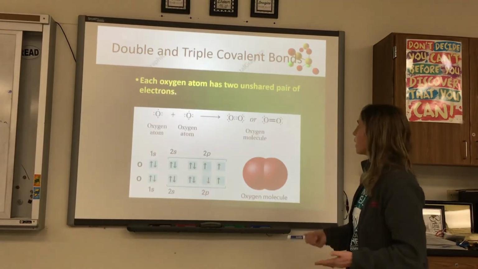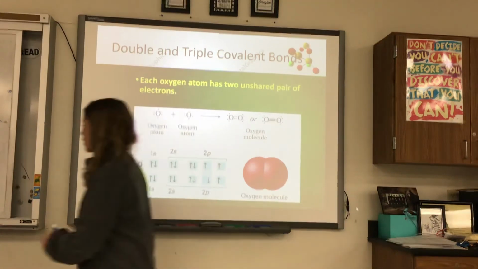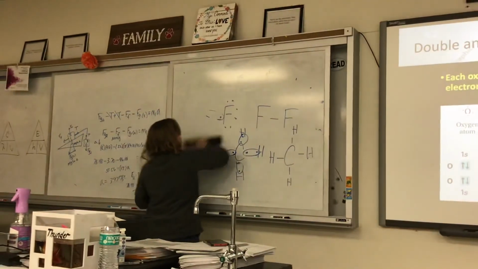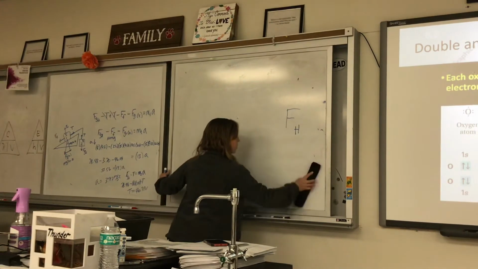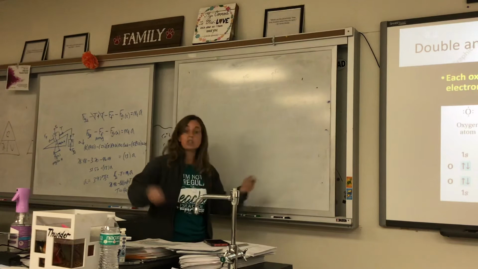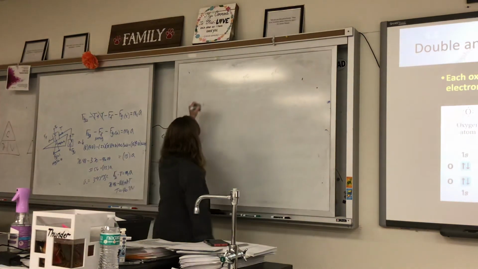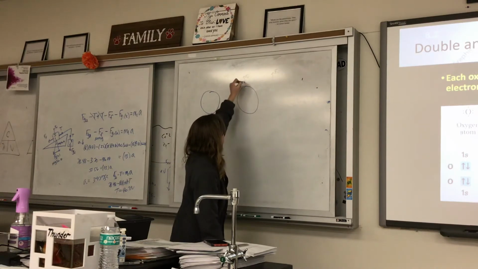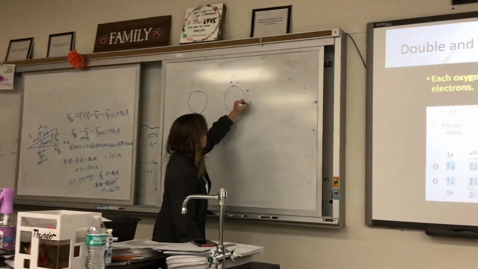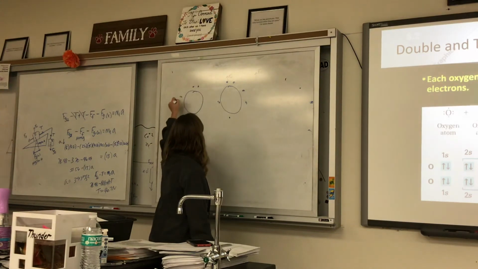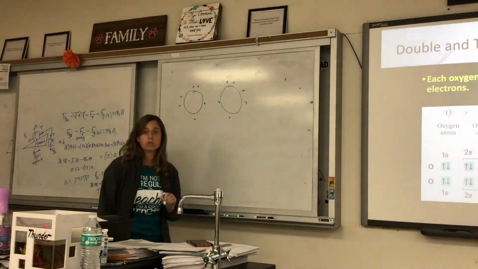So if we're looking at oxygen, okay, I'm going to move over here and erase what I had a minute ago, and we're going to talk about oxygen, okay? Now, if I have oxygen that we breathe every day, that means it's O2, so I have 2 oxygens here. Each oxygen contains 6 electrons, okay? So I'm going to put 6 dots around the oxygens, okay?